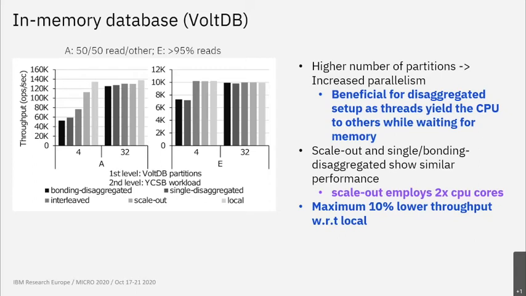Also, we see that for 32 partitions, the scale-out and single-bonded disaggregated show similar performance. This means that with disaggregation, we can have the same throughput of a scale-out scenario, but using half of the CPU cores, which is quite a good result for us. And overall, we have measured a 10% reduction of throughput with respect to the local memory scenario.